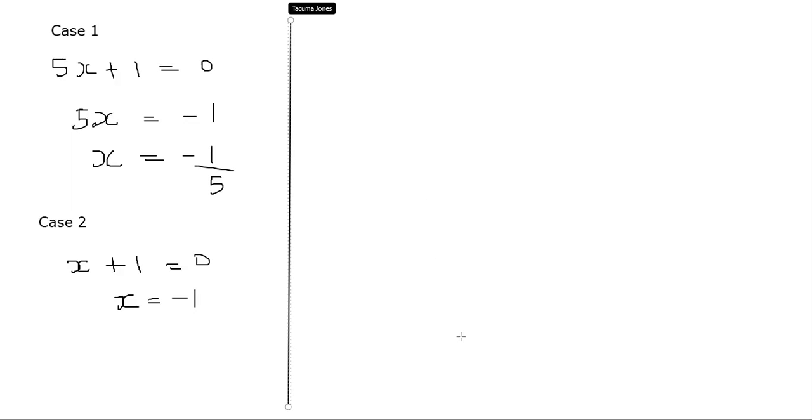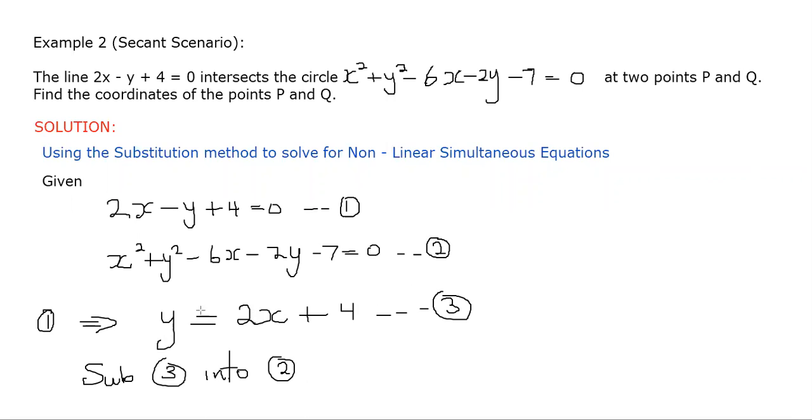In order to work out the y values, we are using the linear part of the equation, and the linear part that we're going to be using is equation 3.